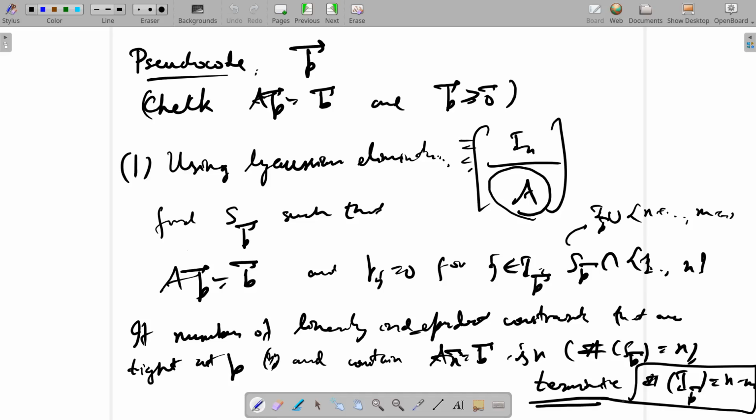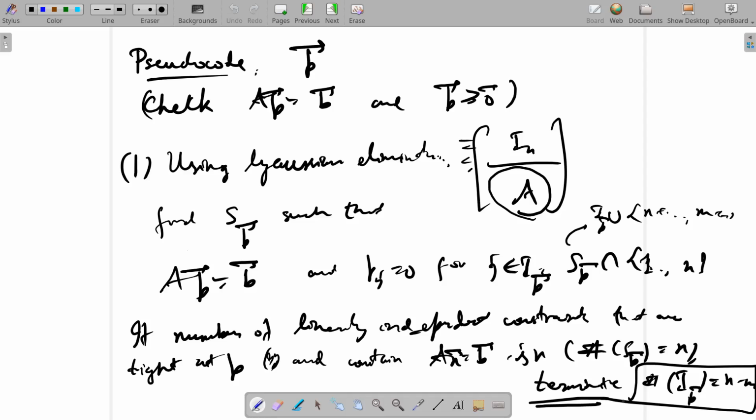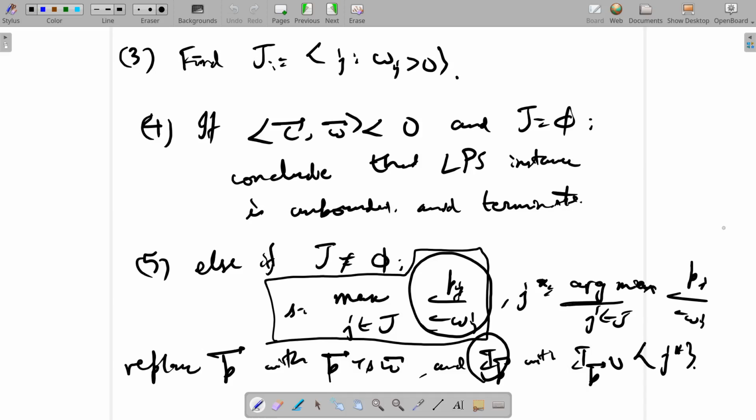The computer can tell you whether your LPS instance is bounded or not, because if it stops at step 4, it will output that this LPS instance is unbounded. If not, it will return P and C dot P. So perhaps in step 4 I should say terminate, return, meaning print: LPS is unbounded.